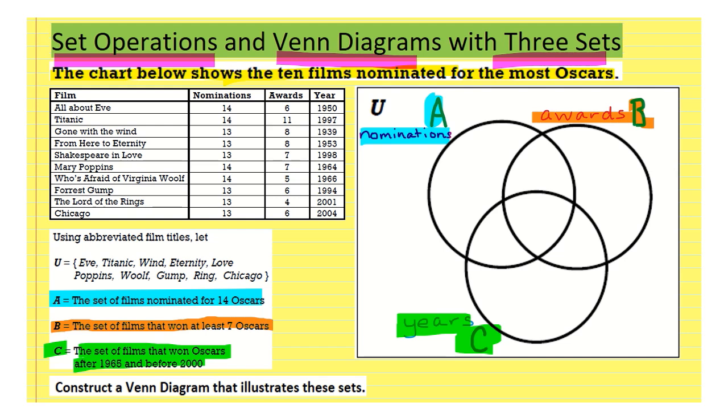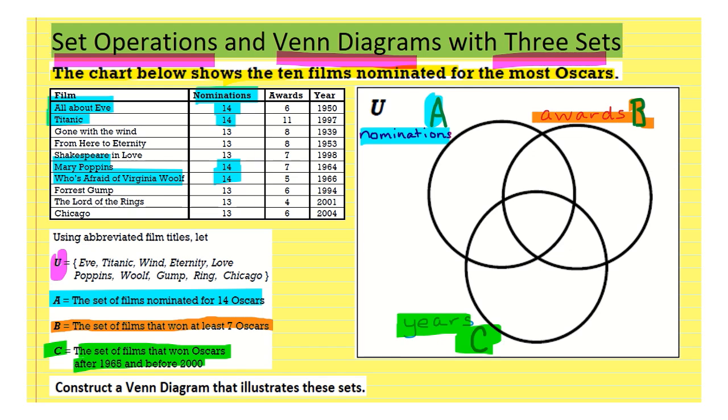We are not going to look at the universal set at the moment. We're going to just look at A, B, and C first. So the set A, the set of films nominated for 14 Oscars. Here are nominations: there's 14, 14, 14 and 14. So that would be the films All About Eve, Titanic, Mary Poppins, and Who's Afraid of Virginia Woolf.